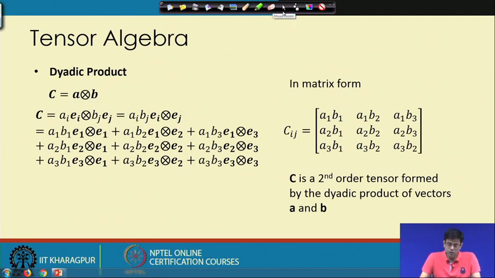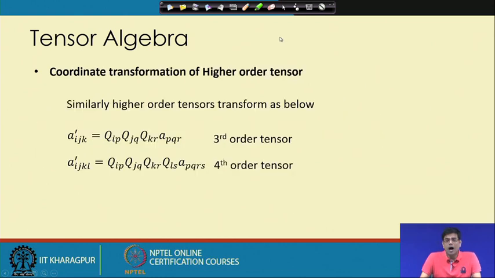So what have we learned? We have learned how to transform scalars, how to transform vectors, and how to transform second order tensors. Now we need to understand how higher order tensors transform, because we will not use much of the higher order tensors in this course, but it is better to know how to transform them.